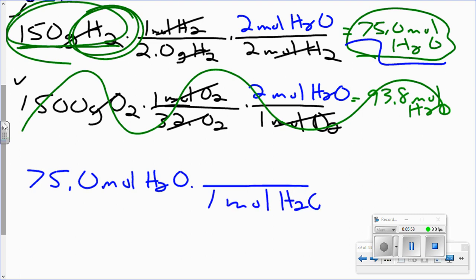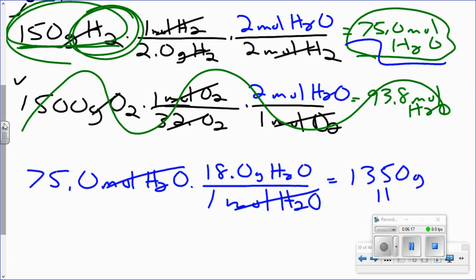This is step 4 of stoich, by the way. And we're just going to multiply by 18, the molar mass. So this is just applied stoich, guys. 75 times 18 is 1,350 grams of water can be produced from these reactants in this equation.